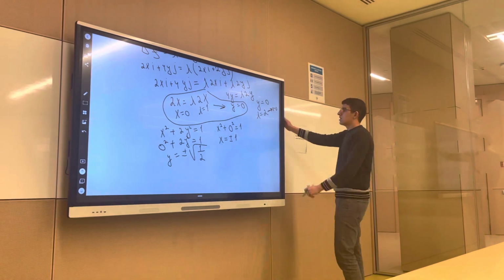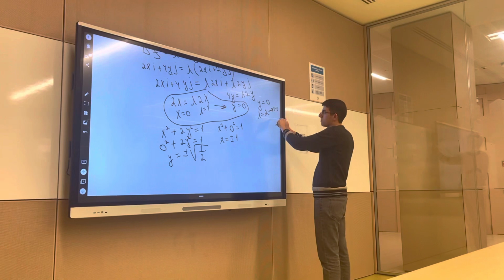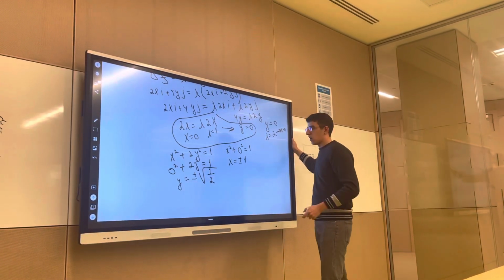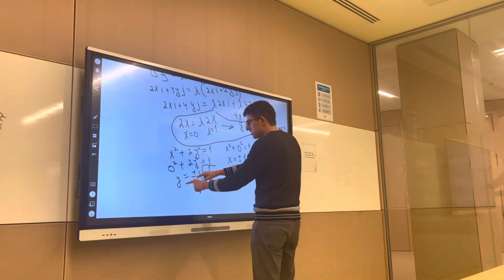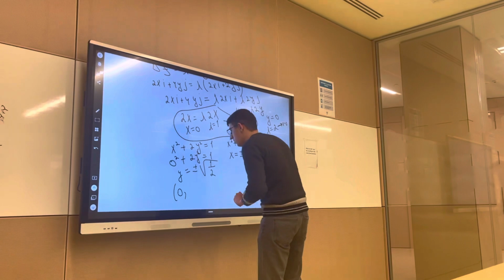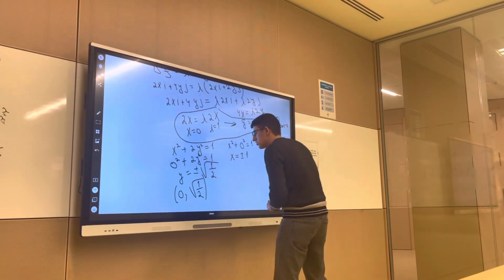If we find this version, also we find this version, so we get the points like this. In this part, x equals 0, that's why we get (0, 1 over square root 2).